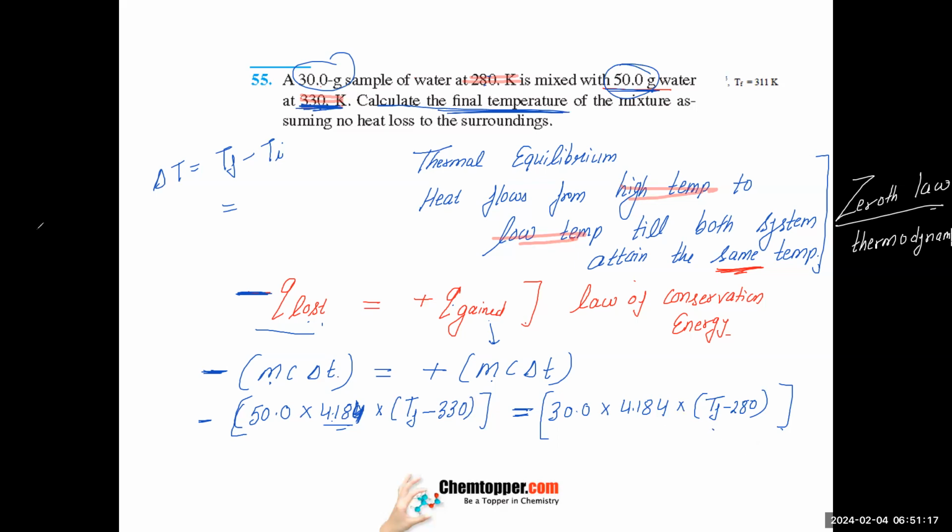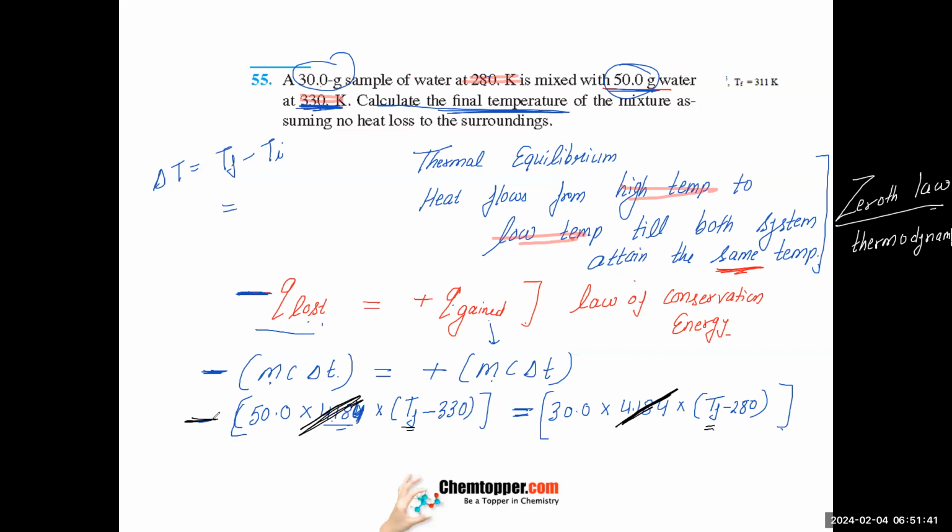Okay, good. Very good. Now we have to solve it for T final. Solving is not tough. Can you see these two numbers cancelled? They are the same on the other side of the equality. They cancelled, a mathematical trick. Then you open this parenthesis.